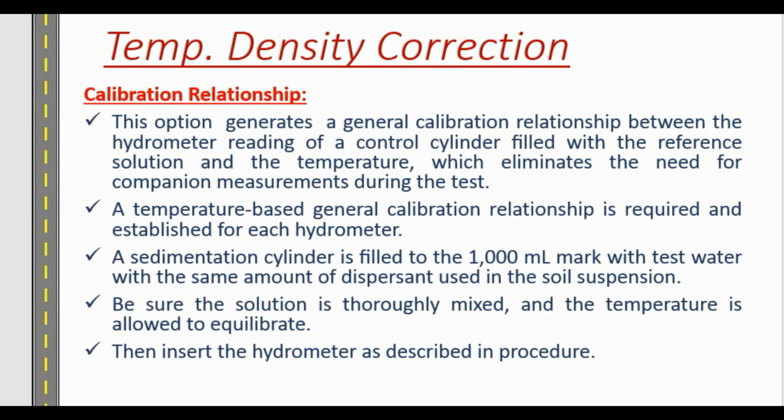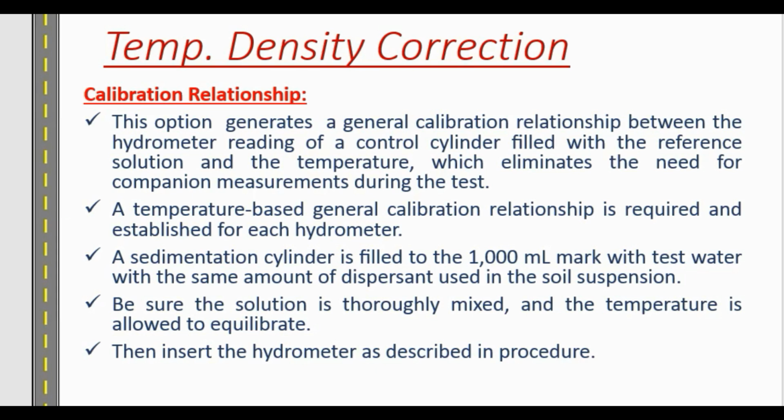A sedimentation cylinder is filled up to the 1000 ml mark with the test water, with the same amount of dispersant or reagent, 5 gram per liter as discussed, used in the soil in suspension. Be sure the solution is thoroughly mixed and temperature is allowed to equilibrate.